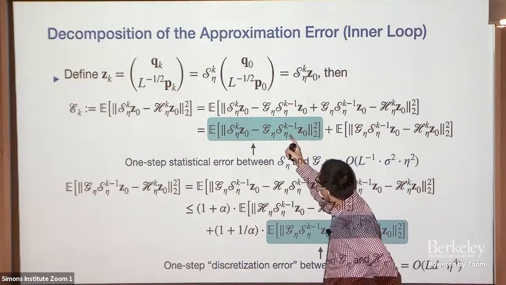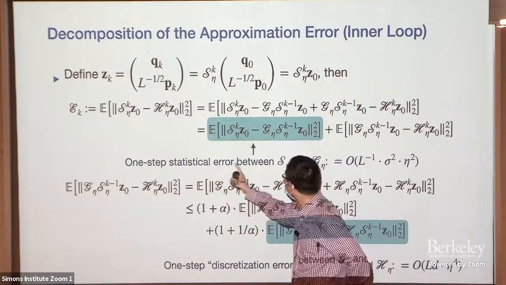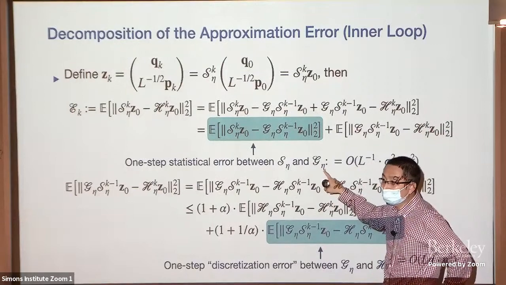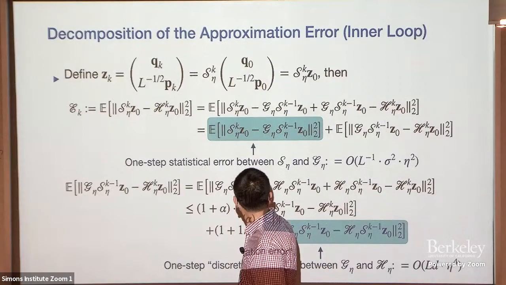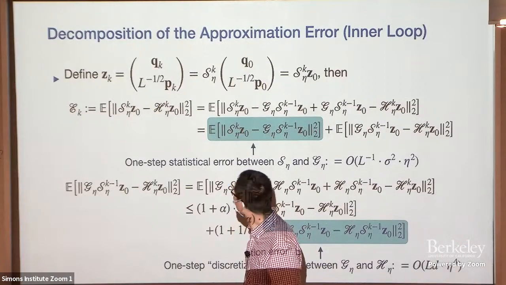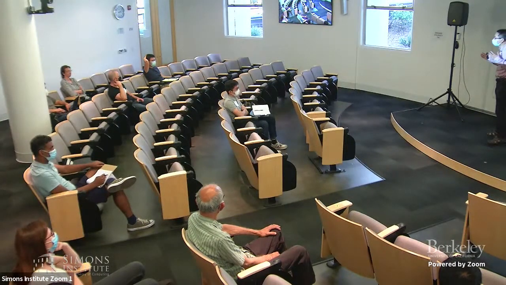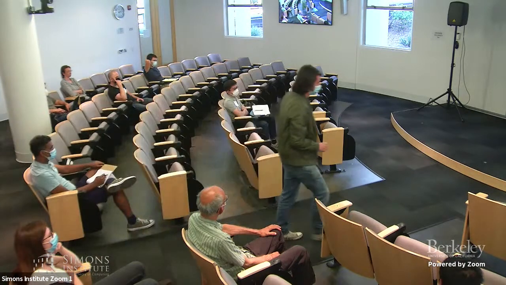And if you look at this term, it is nothing but the one-step statistical error between the stochastic gradient and the conditional expected gradient. I will choose K and eta later, so I will choose the step size such that even though there is some coefficient which is greater than 1, by choosing the step size, I will make that coefficient a constant.